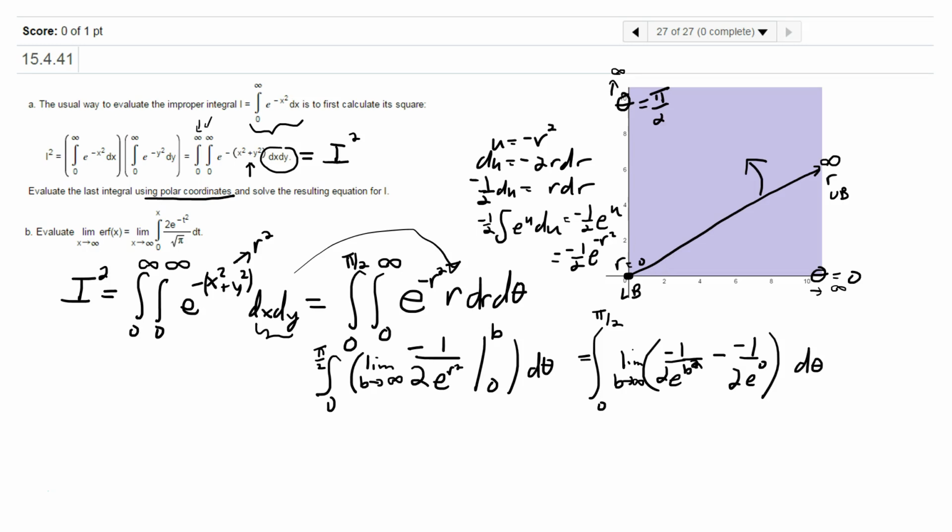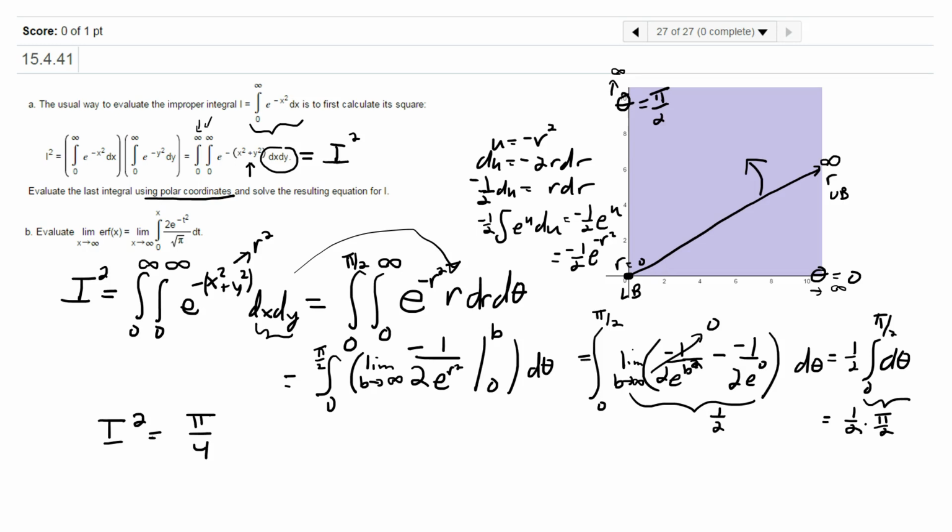But as b goes to infinity, b squared is very large, e to that is exponentially large. This is going to go to 0. And then we'd have the outcome be positive 1/2. And so the integral from 0 to pi over 2 of d theta is just pi over 2. And with that half factor, what we're getting is that I squared is pi over 4.